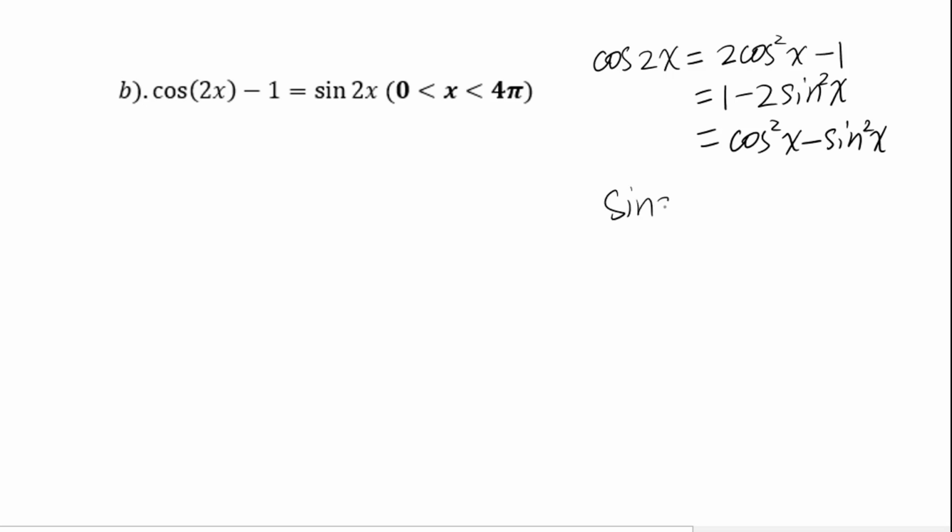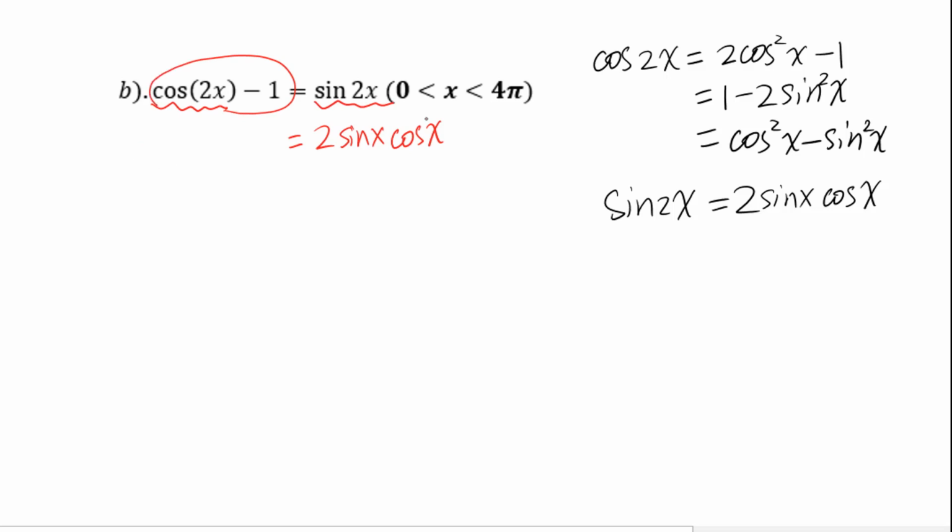For sine 2x, it equals 2 sine x cosine x. No doubt for this sine 2x, we can write down 2 sine x cosine x. How to change this cosine 2x? You need to consider this minus 1.